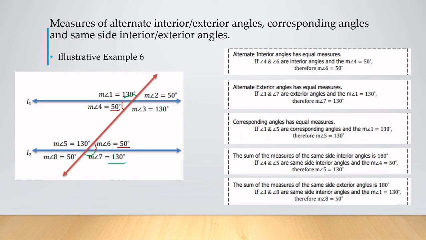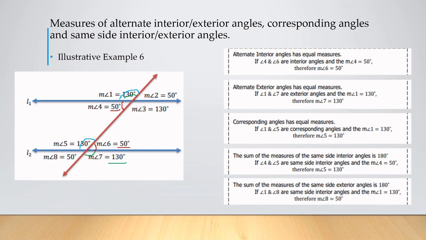Next, angle 1 and angle 5. They are corresponding angles. If angle 1 measures 130 degrees, therefore the measure of angle 5 is also 130 degrees, since corresponding angles have equal measures.